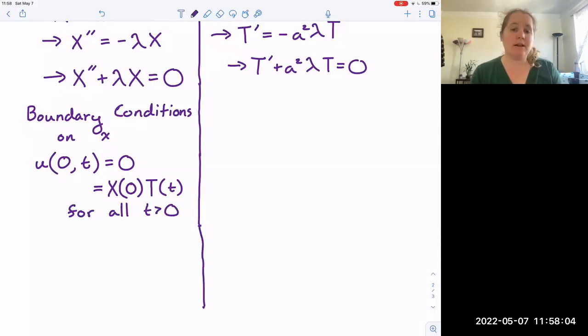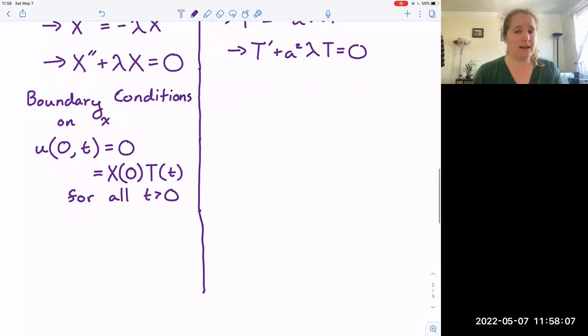So in order to have a non-trivial solution, X(0) must be 0.